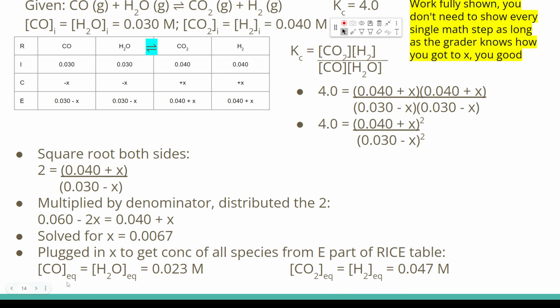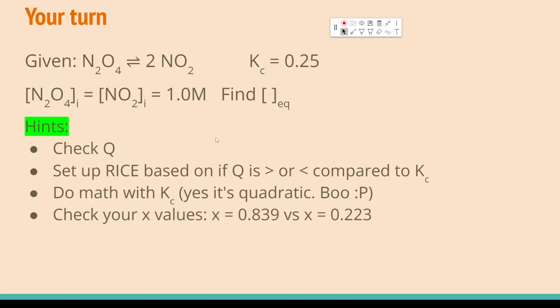And so we have our concentrations of carbon monoxide and water, and so we plugged it in and we got our molarity here, and then I got my carbon dioxide and H2 and I plugged in my x and then I put it there. Cool. Oh, I didn't check sig figs. 2. Yeah, it's just 2. Okay, cool. So again, make sure you always check what the question's asking for in order to solve for your rice table.